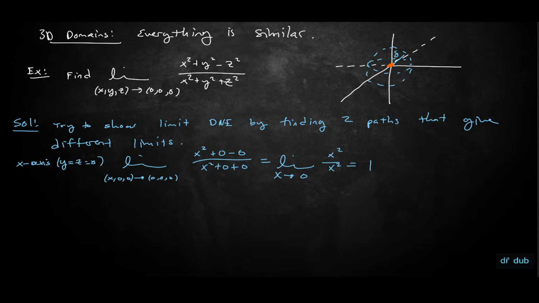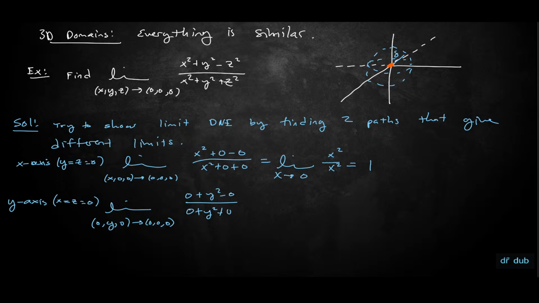I can try the y-axis. And that's when x and z are both 0. That'd be the limit as 0, y, 0 goes to 0, 0, 0. That'd be 0 plus y squared minus 0 over 0 plus y squared plus 0.